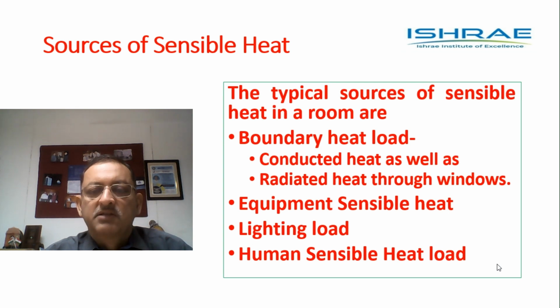So whatever energy is consumed for lighting the room comes in the form of lighting heat load. And then human sensible heat load: the presence of human beings causes some increase in the sensible heat load of the room. So these are the four sources through which sensible heat gets added to a particular room.